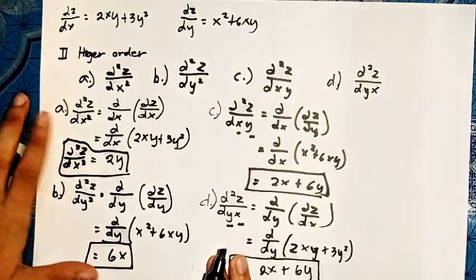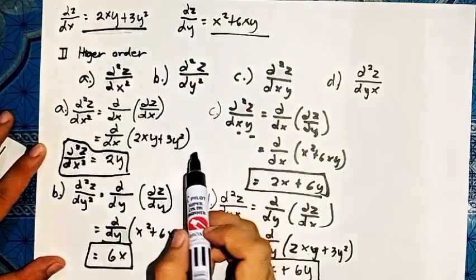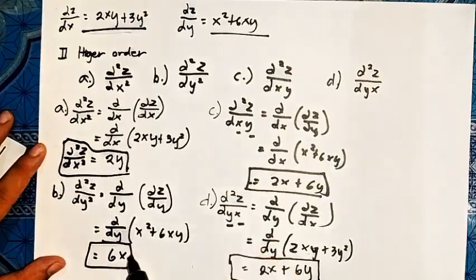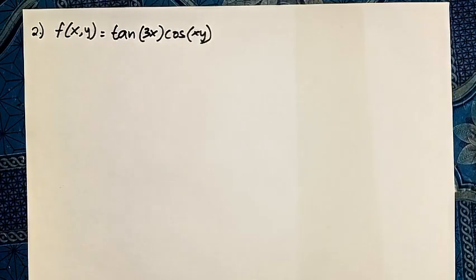So, we already found the first order partial derivative. This is the first order, and the higher order partial derivative. Now, let us proceed to item number 2. We have f of x and y is equal to tan 3x cosine xy. It is a little bit complicated because we will use the chain rule and the product rule of derivative.